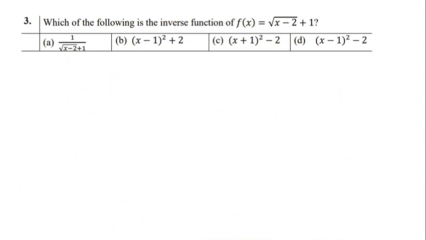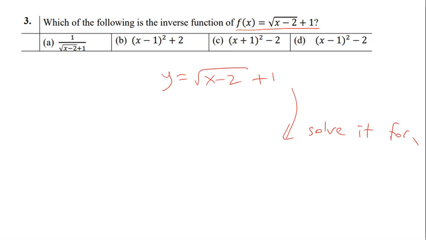Now, which of the following is the inverse of this function? Now, we start with changing f of x to y, and then solve it for x. So it means we want to solve it for x, and we want to get x equal to what? Now, this is the first step of finding the inverse.